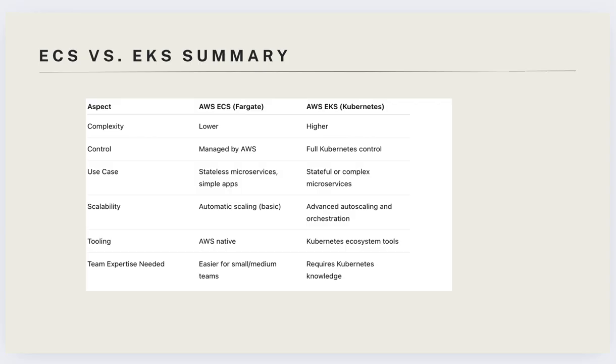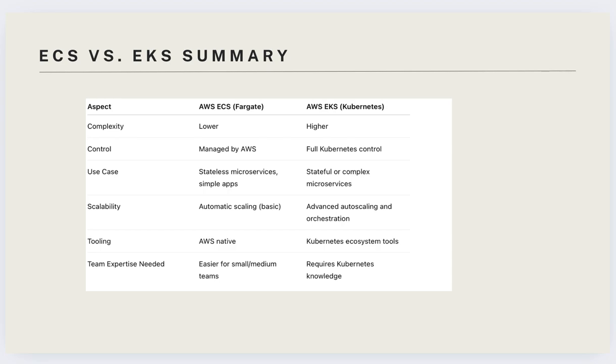Control: ECS is managed by AWS and EKS full Kubernetes control. Use cases: stateless microservices and simple apps, and for EKS it's stateful or complex microservices. Scalability: automatic scaling, basic, and for EKS it is advanced auto scaling and orchestration.